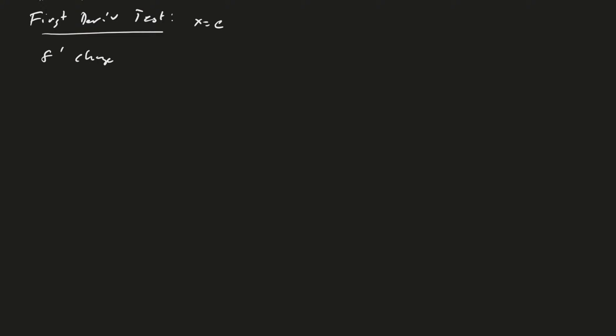If f prime changes from plus to minus at x equals c, that means we have something like that, and that is the local max. And then if f prime changes from minus to plus, you have something like that, right? So that would give you a local min.